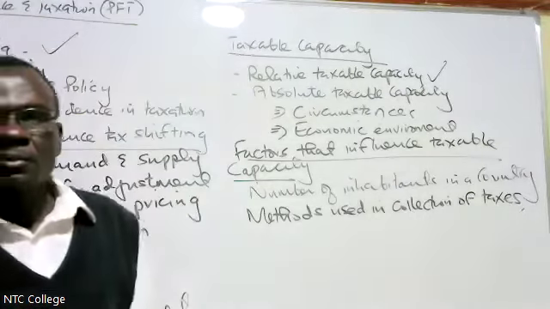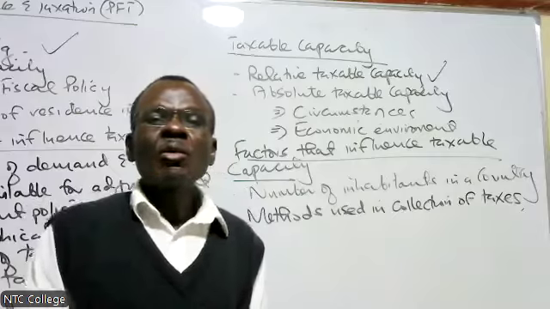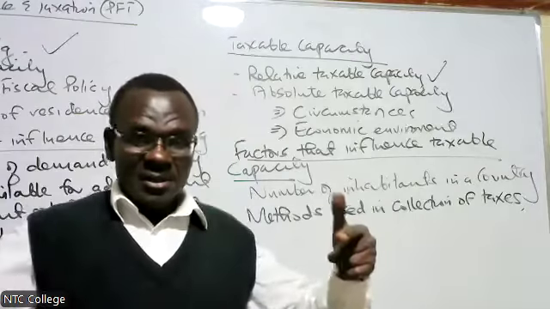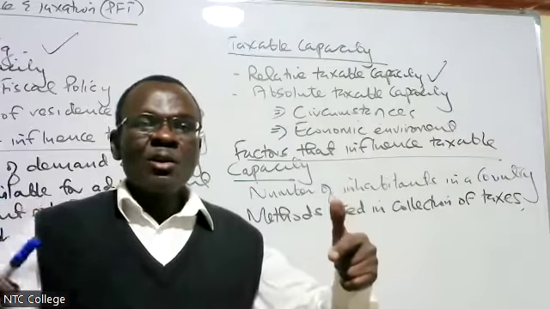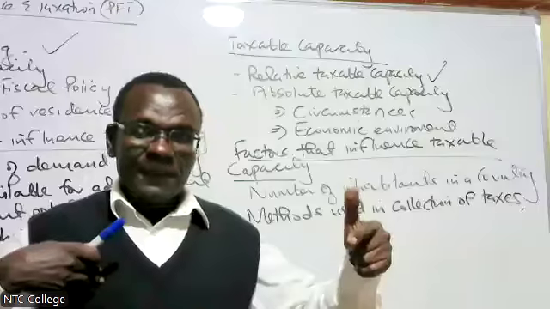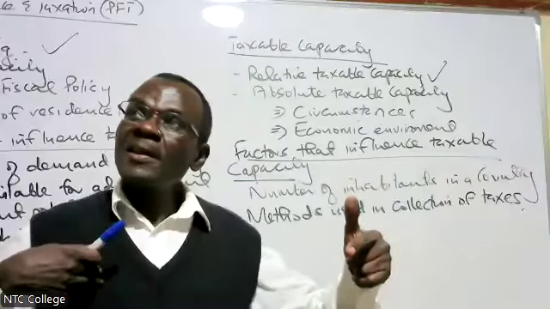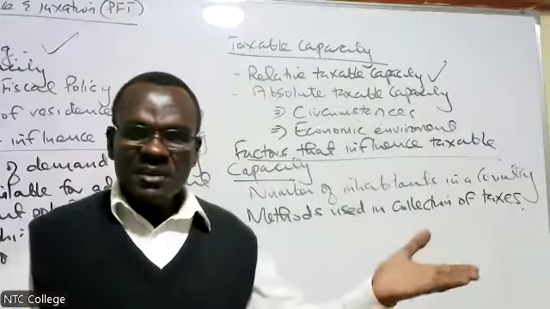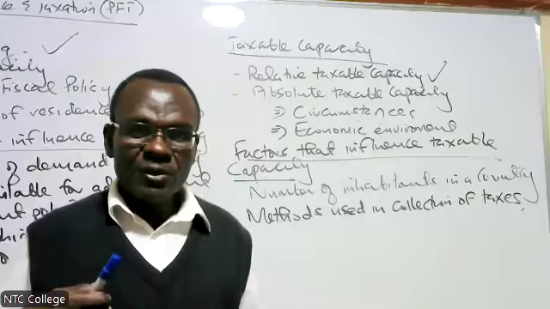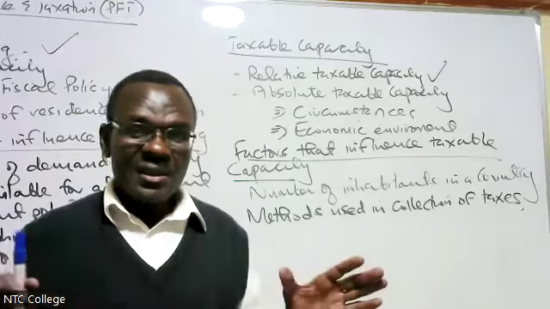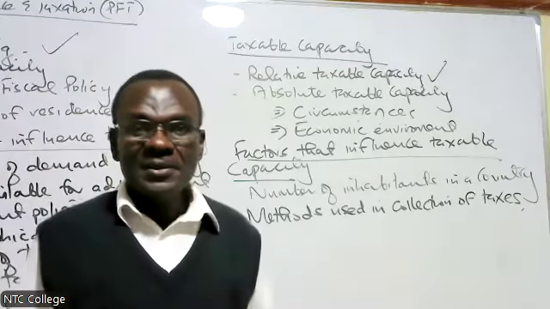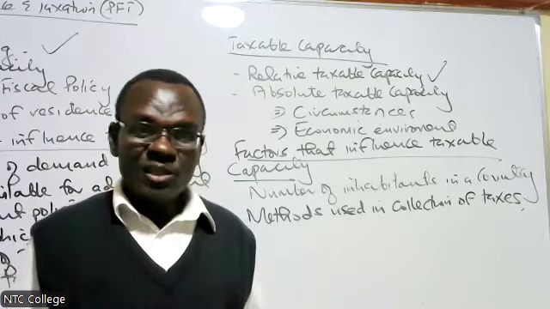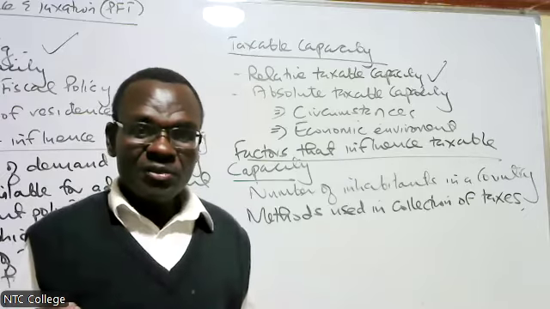Now, the Finance Act was going to introduce additional taxes, like a tax on ownership of a motor vehicle. I think they were supposed to pay 15% of the value of the motor vehicle and other taxes. At some point, there were even taxes rumored to be introduced on bread.